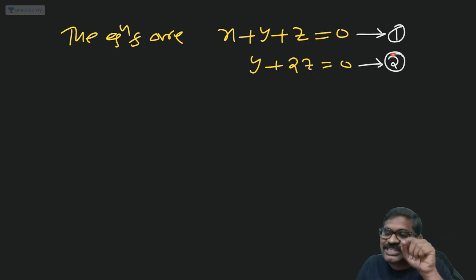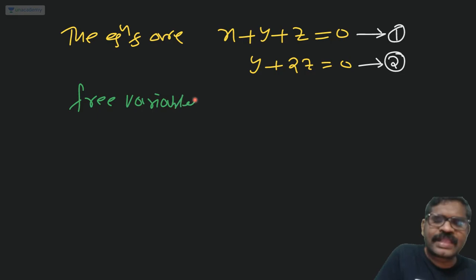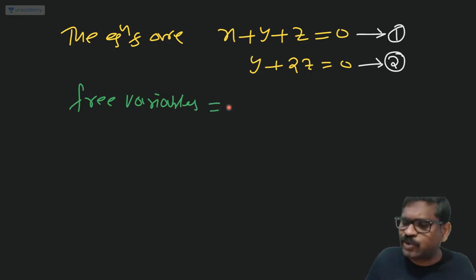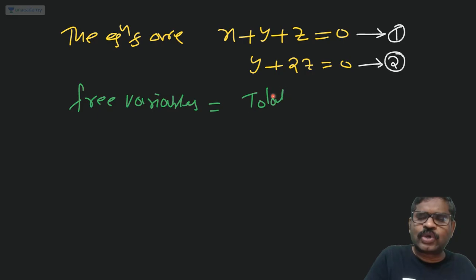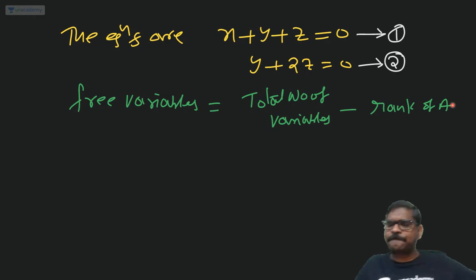That's why you have to write free variables. Free variables equal to total number of variables minus rank of A. Okay. 3 variables with 2 equations, 100% solvable.